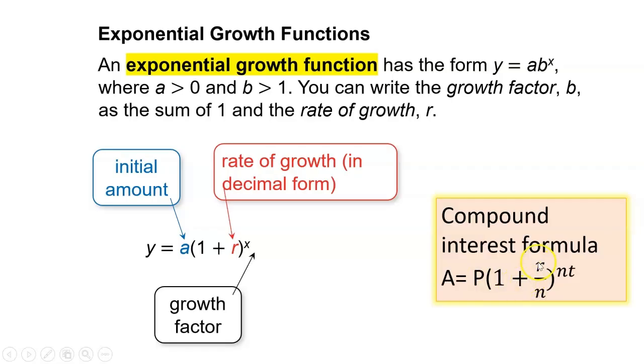Then this is 1 plus r over n. R represents the rate, n is the number of times the investment is compounded in each year, while t tells you the number of years. We are going to explain this in episode 3.